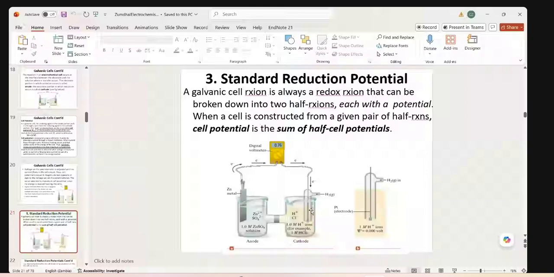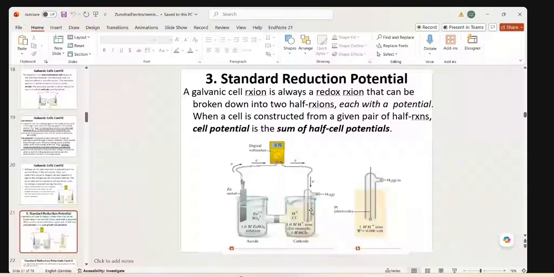Now, in a galvanic cell, when you're writing a galvanic cell, the anode is always on your left hand side, and the cathode is always on your right hand side. So you have to remember that. Every time you are writing a galvanic cell, make sure your anode is on the left side and the cathode is on the right side.